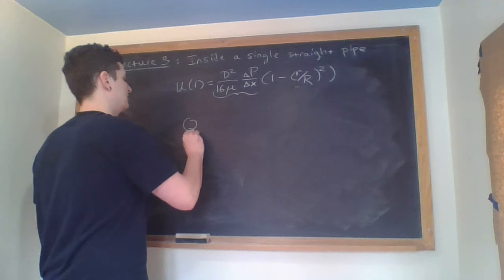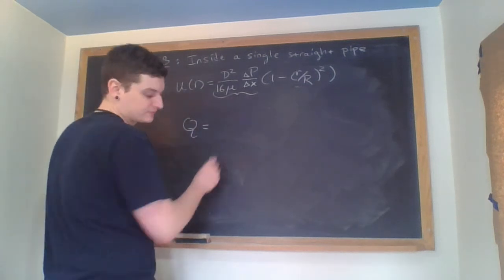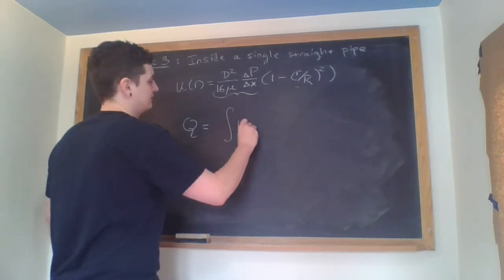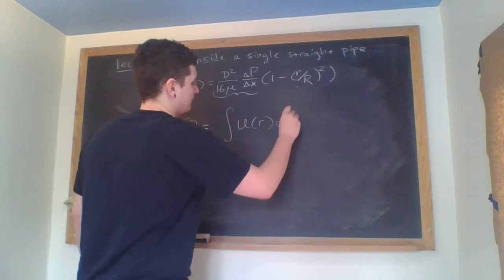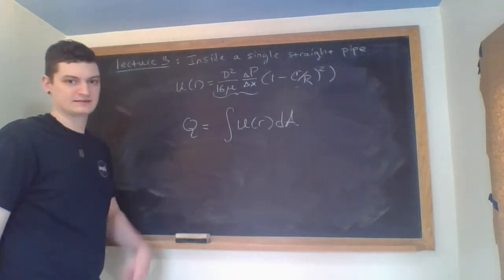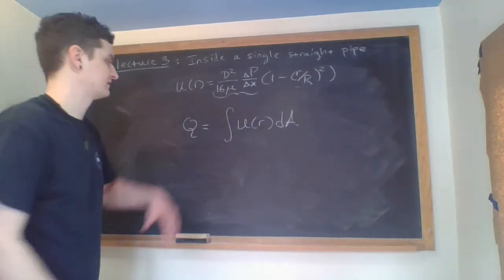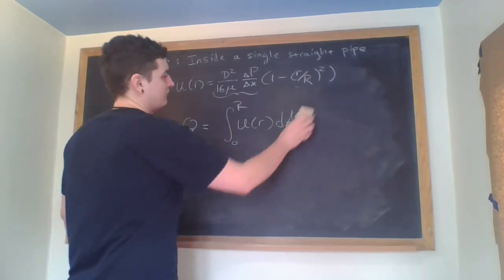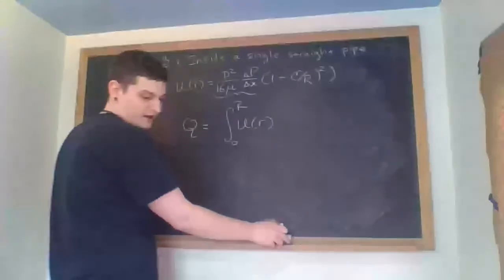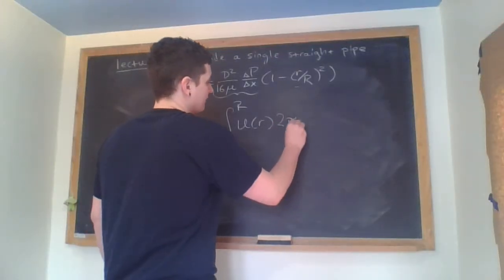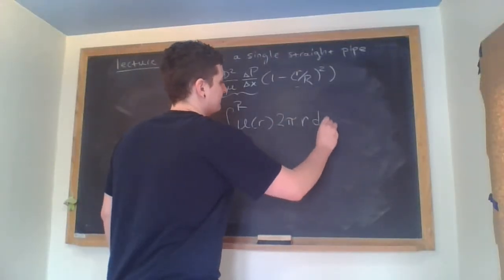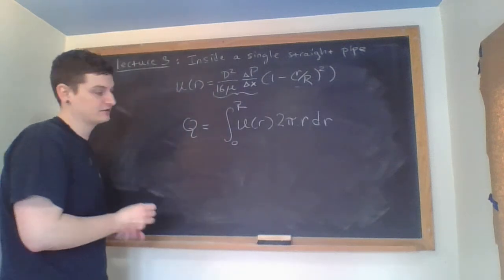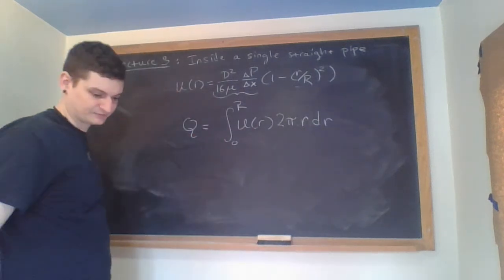Okay, so the way you express volumetric flow rate now is the integral of u dA, where this is the surface integral, from 0 to R. Remember, for integrating this little shell of cylinders in calculus, you get this expression.